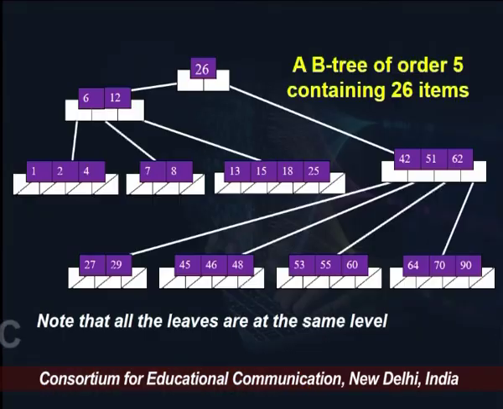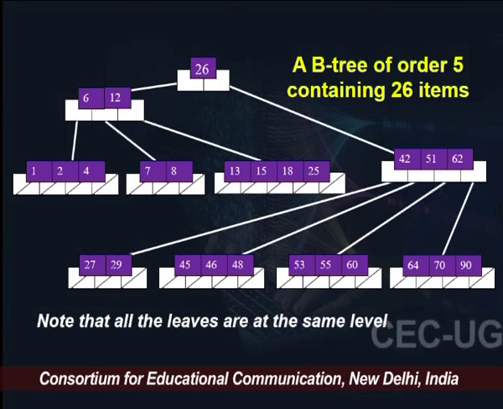The first level is 26, which is the root node. The second level has the first node with 6 and 12, and the next node with 42, 51 and 62. These nodes are at a common level, and then the 3 children of the node 6 and 12 and the 4 children of the node having 42, 51 and 62 are at the third level.